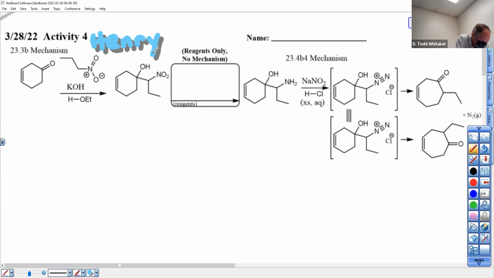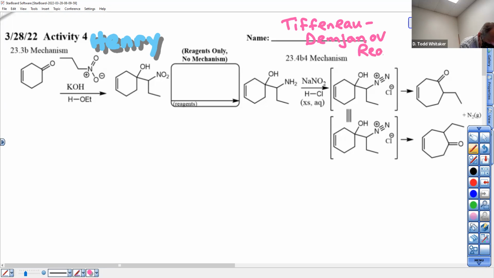And the last mechanism is my favorite, this test. Let's go pink. This mechanism here is called Tiffeneau-Demjanov.